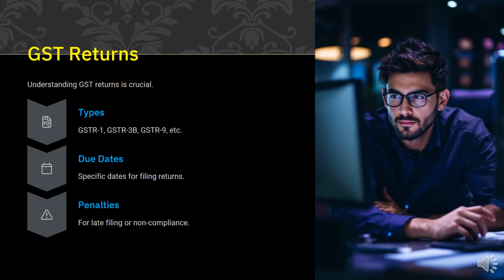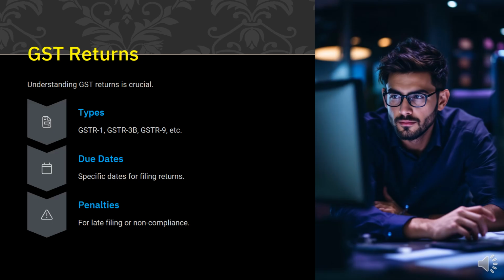GSTR5, non-resident taxpayers have to file by the 20th of the next month. GSTR6, input service distributors, they have to file the returns by the 13th of the subsequent month. GSTR7, tax deductors, they have to file by the 10th of the subsequent month. GSTR8, e-commerce operators, 10th of the subsequent month.